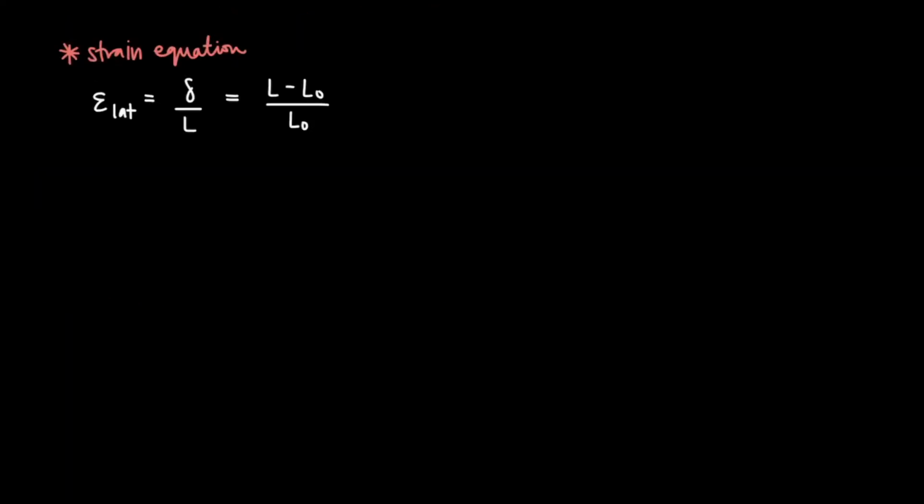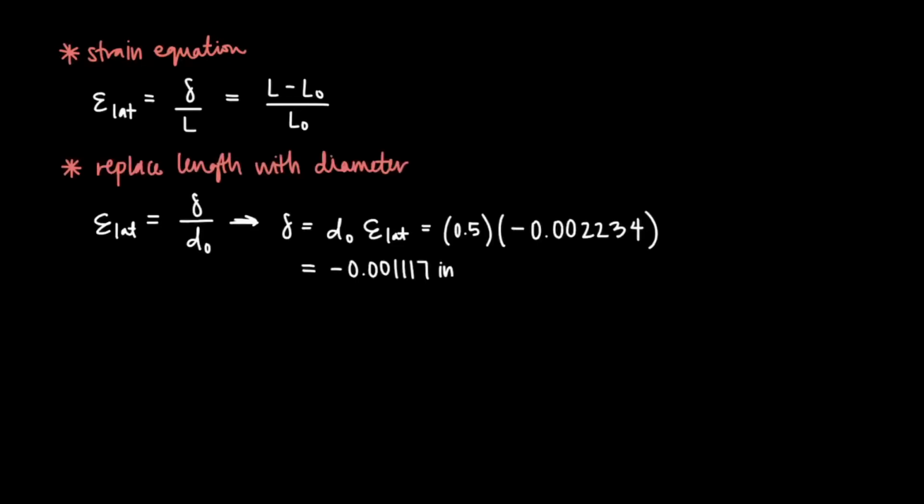Almost there. Do you remember the equation for strain? If you need a refresher, be sure to check out the key concept video for Chapter 2 on strain. It's new length minus old length over old length. In this case, though, the length we're dealing with is technically the length of the cross-section. Since the cross-section is a circle, the length will be the diameter.